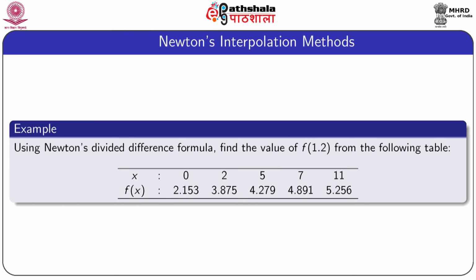Now, we consider one example to illustrate the Newton's divided difference interpolation method. Here x and f(x) are given in this table. We have to calculate the value of f at the point 1.2. Note that the arguments are not equispaced.